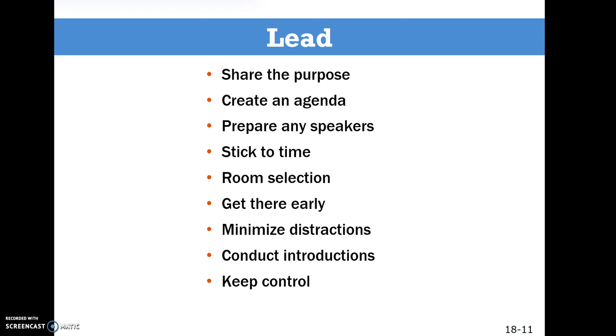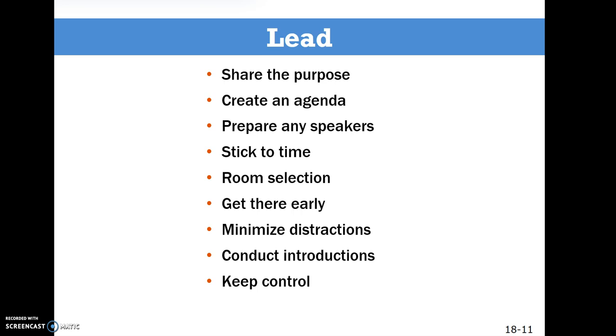You want to share the purpose, and it's real important to have an agenda beforehand, because that gives folks a chance to go over what will be discussed, and the group can prepare and think about how they will contribute to this particular meeting. Now, if you can't prepare the agenda beforehand, it's important to hand out an agenda right before the meeting starts so everybody knows what will be accomplished in that time frame.